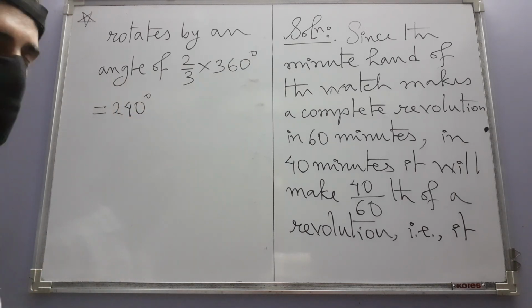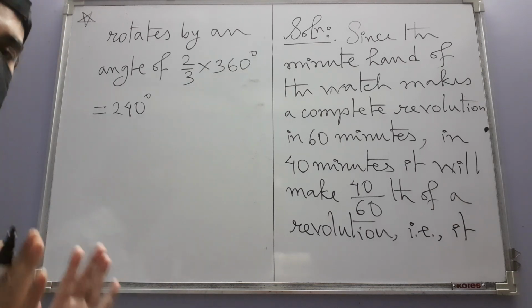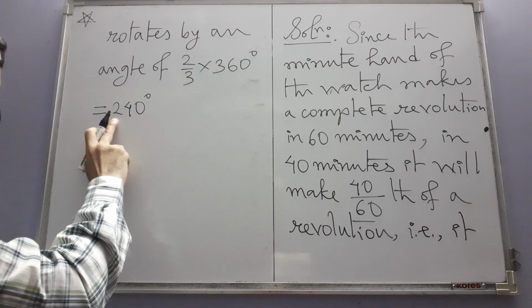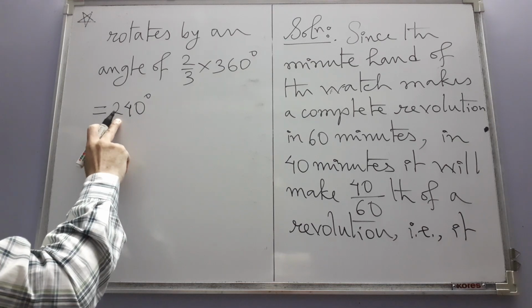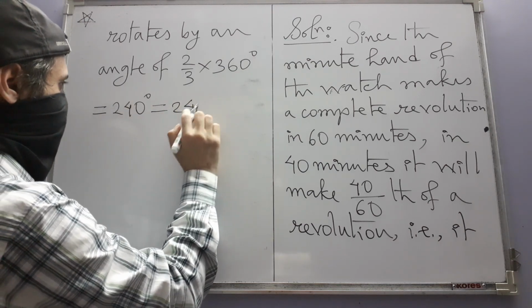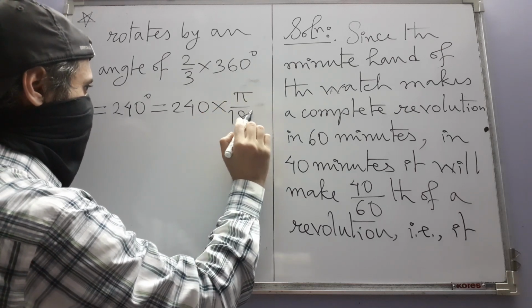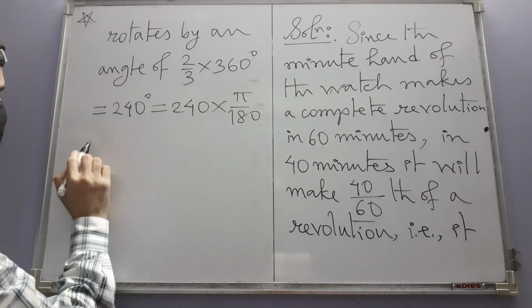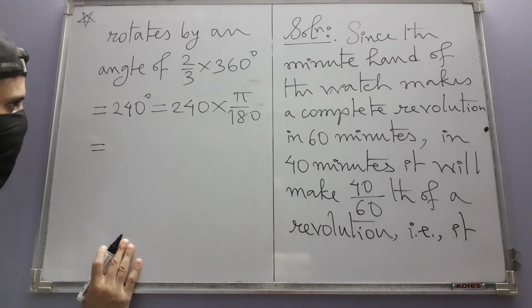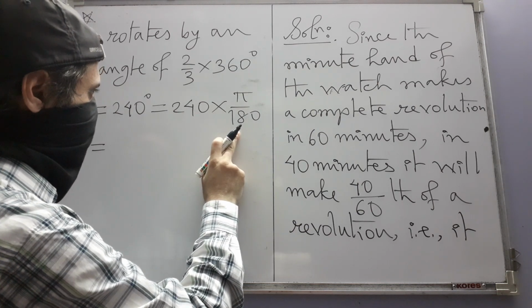But the relation we are going to use needs radian measure. So here itself, let us convert this into radian by multiplying it by pi over 180. Can we simplify this? 6 is a common factor.